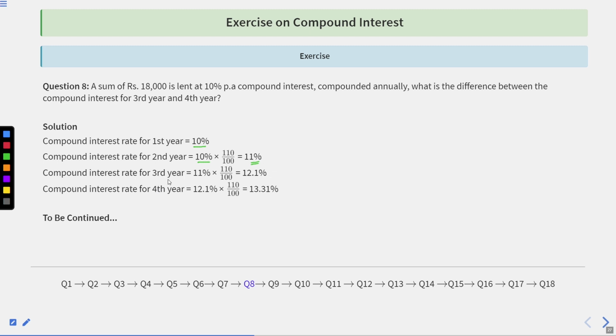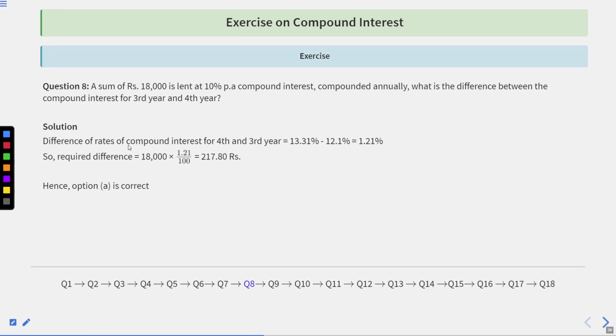The compound interest rate for third year will be 11% into 110 upon 100, which is 12.1%. And the compound interest rate for fourth year will be 12.1% into 110 upon 100, that is 13.31%.